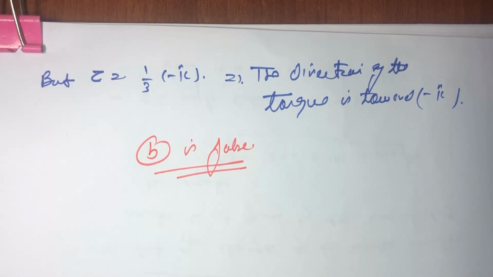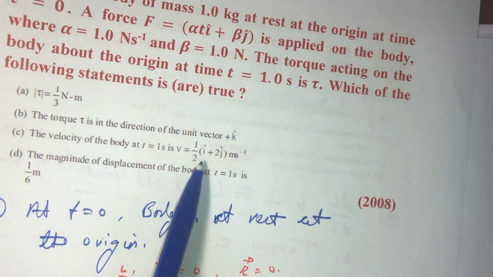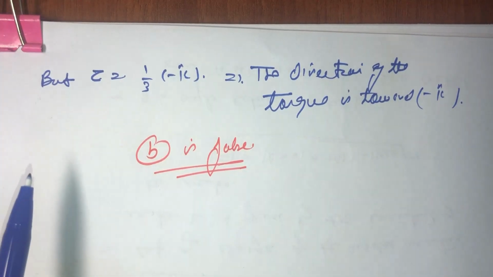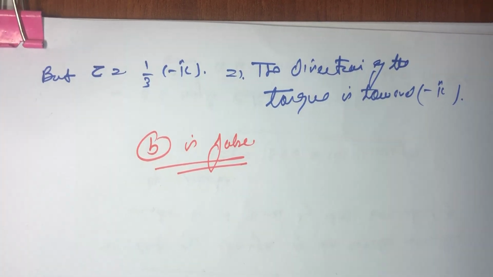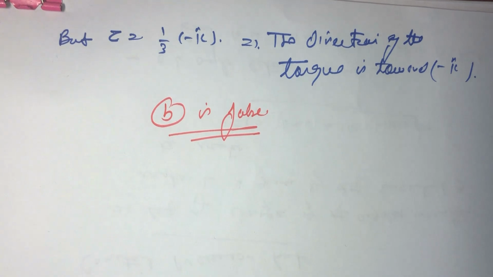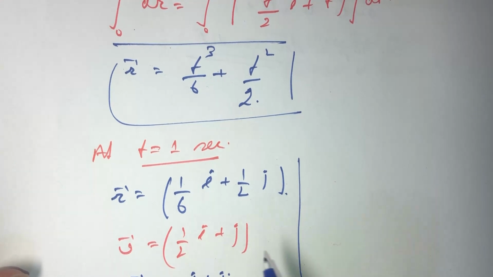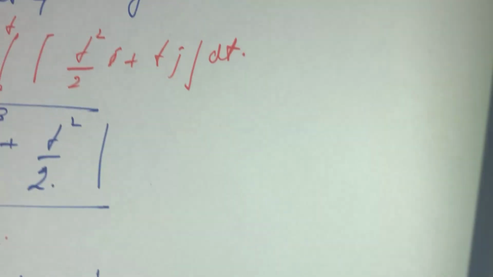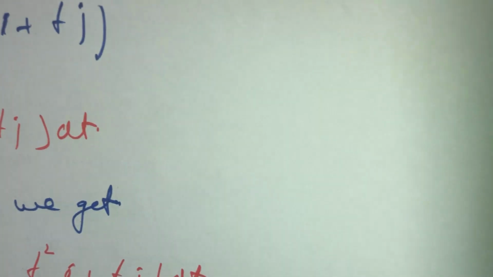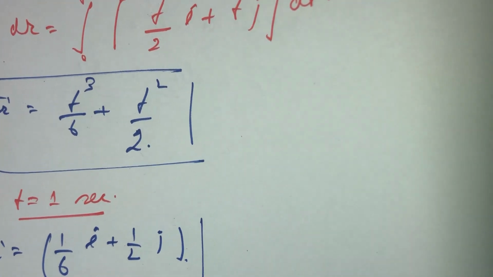Next, we had to find out the velocity of the body at t is equal to 1 second, given by v is equal to 1 by 2 i plus 2j meter per second, and we already know the equation for the velocity. Let me check, I think I made a mistake.